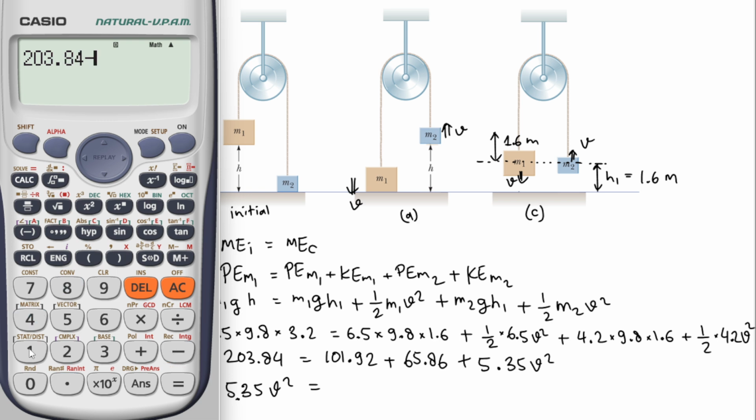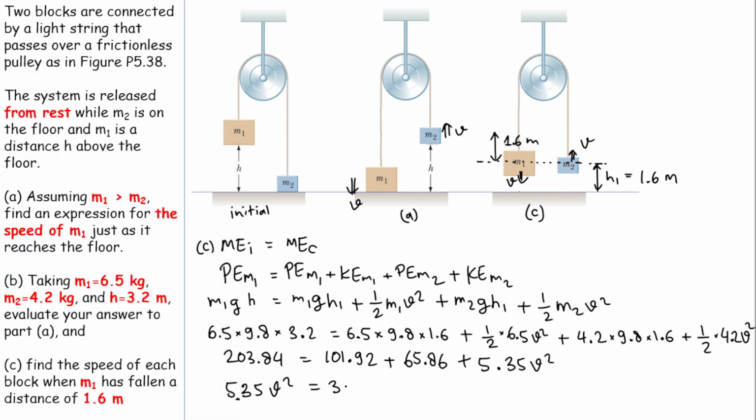we have 203.84, and then minus 101.92, and then minus 65.86. Then I will have 36.06, or we can divide that by 5.35.